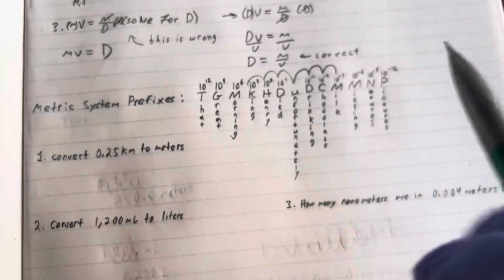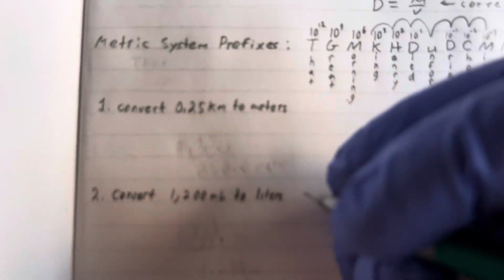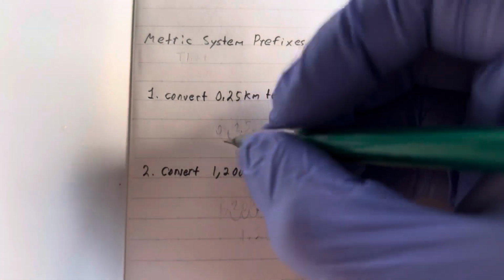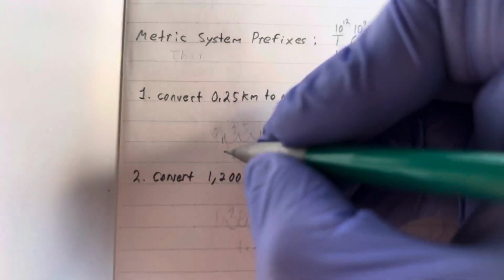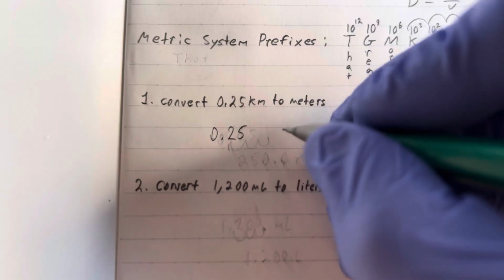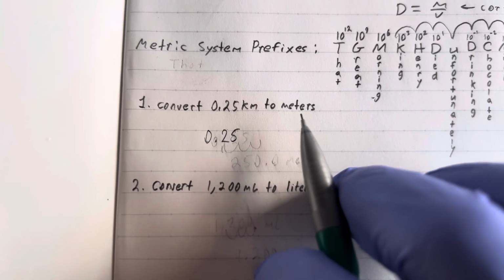Besides this, you're probably wondering how we use this. We're going to go through some examples, and hopefully they'll help. Let's start with kilometers to meters. Say we have 0.25 kilometers, and we want to convert it to the base unit, which is meters.